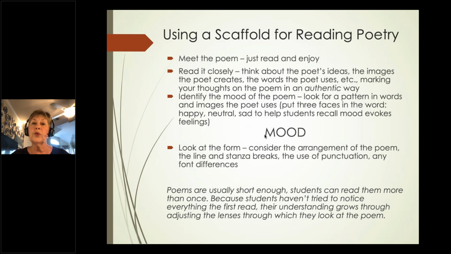They are reading it twice when they meet the poem and then when they read it closely. But when they look back for mood, they're more selective, looking for patterns of words or images. And when we look at the form, we're actually looking at the physical aspects. So let me take you through a couple of slides that will show you how this might work.